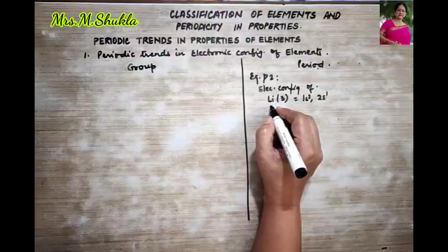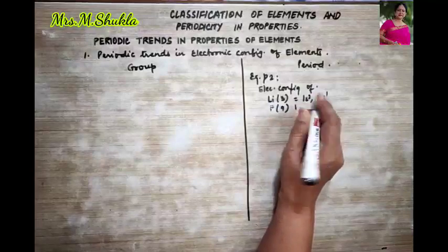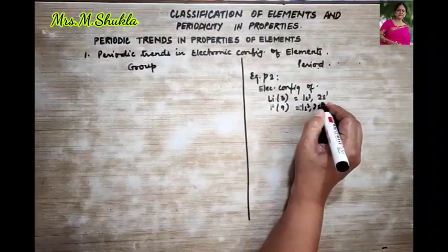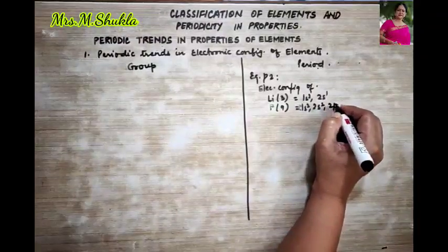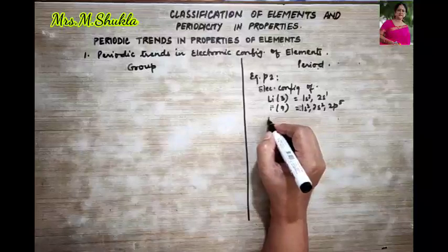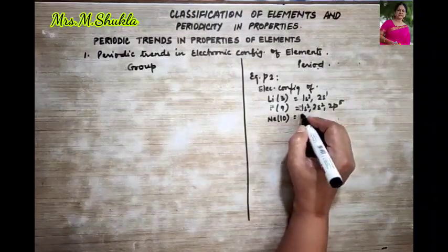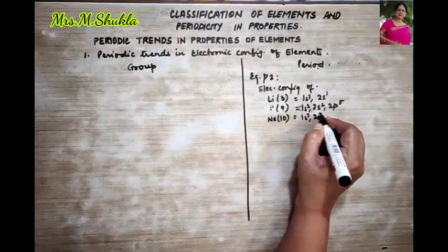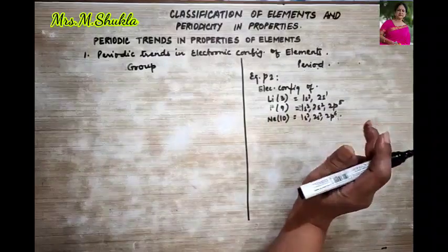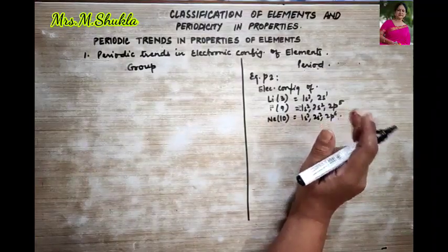That of fluorine, which is 9, is 1s2 2s2 2p5. Then let us talk about neon, which is 10. The configuration will be 1s2 2s2 2p6. So for each element of this period 2, the valence shell is the same.